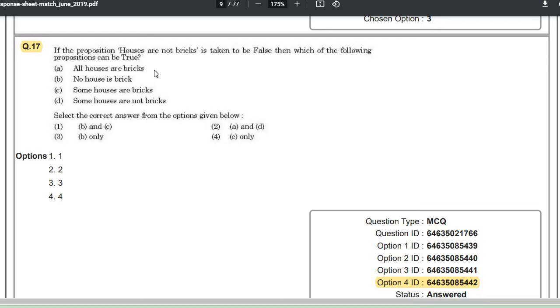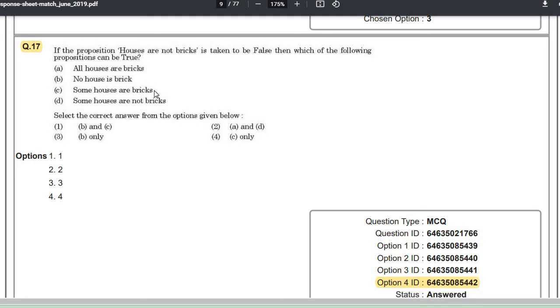For this proposition, "houses are not bricks" is taken to be false, which means houses are bricks, right? And the proposition that is true for this is some houses are bricks, because not all houses are bricks. This is the valid one.